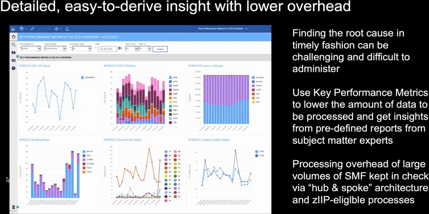And that's also augmented by a lot of zIIP eligible processes in there, so that this gets you away from both concerns over overhead processing, but also getting timely access to the data as well.